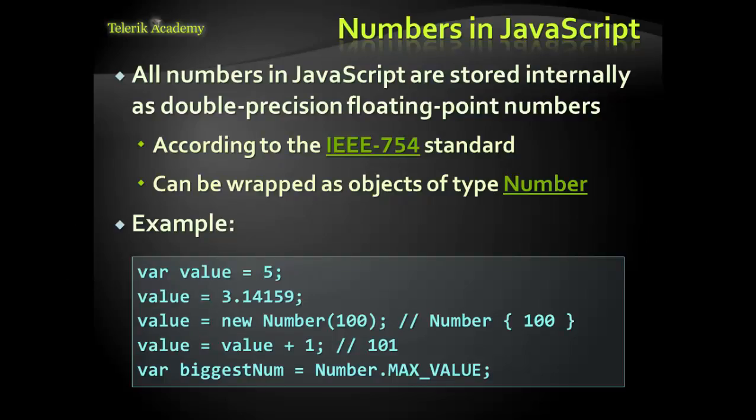So as I mentioned, all the numbers in JavaScript are represented as floating point, double precision, 64-bit numbers. That's the standard. It doesn't relate to the operating system or the browser. If you follow JavaScript conventions, this should be the implementation.